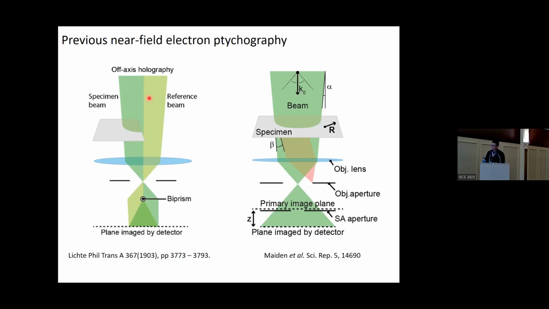However, as for the near-field ptychography, all we need to do is to illuminate the specimen with a parallel beam, and then use the selected area aperture, which is located below the objective lens, to choose the region of interest that will be propagated to the detector.